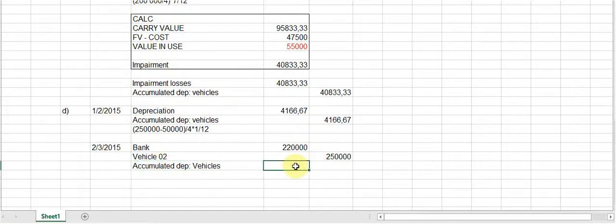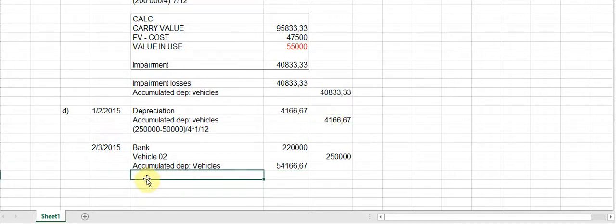And the accumulated depreciation will be the depreciation at the beginning of the year. So they tell us the accumulated depreciation at the beginning of the year was 50,000, and we add to that the depreciation for 1 month that we just calculated because we put it in accumulated depreciation in this credit entry.